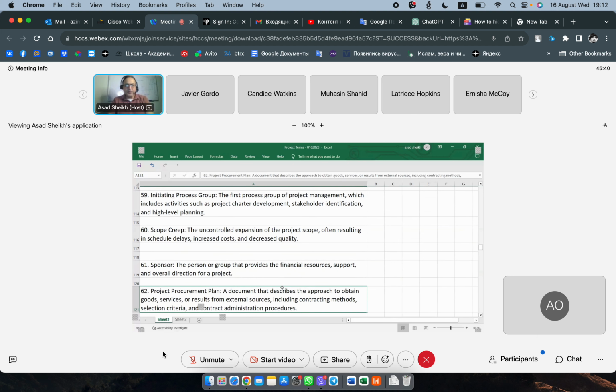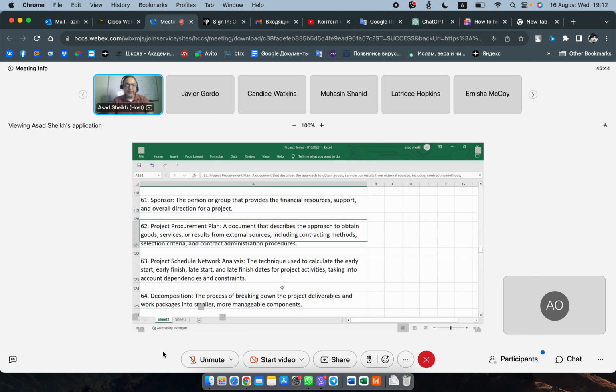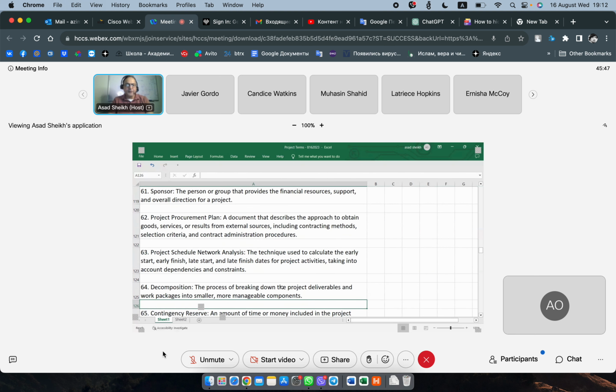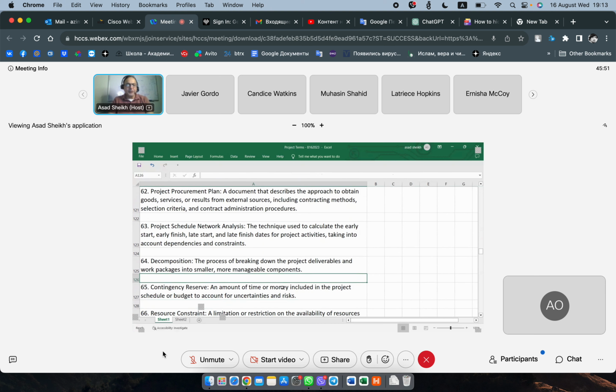We already talked about sponsor. Project procurement plan is the plan to actually acquire a solution from a seller. Decomposition. Remember WBS, decompose. Contingency reserve, that's going to show up in your cost.